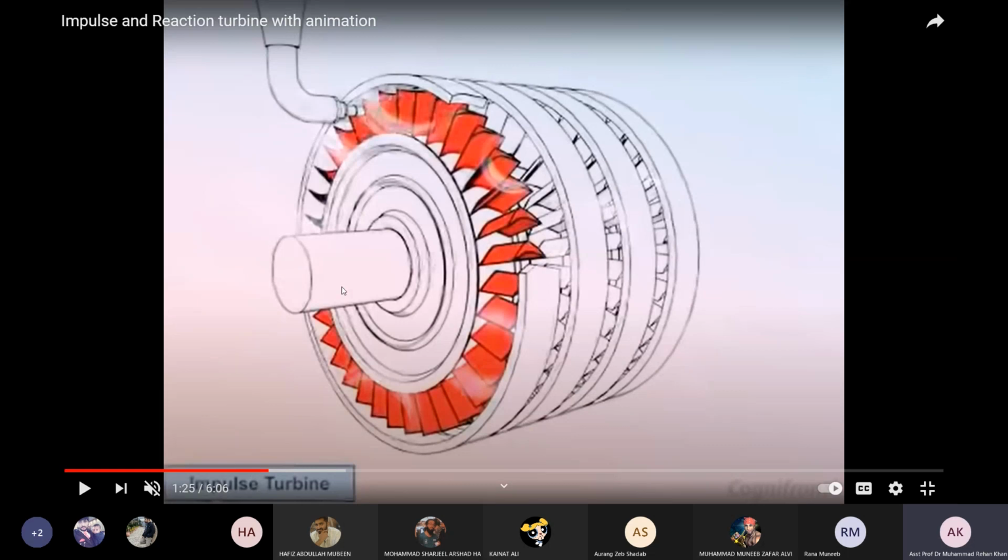This fixed nozzle is where your steam is injected, and that steam impinges on the blade geometry, and due to the impulse force generated on this side, these blades will rotate. This is just the basic principle. Now we will look at the video.